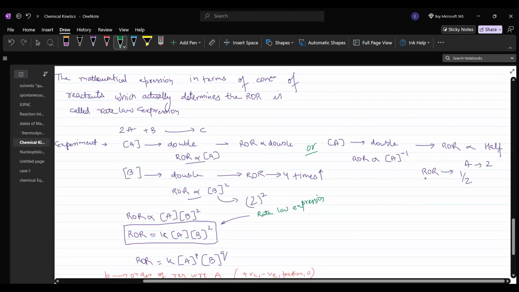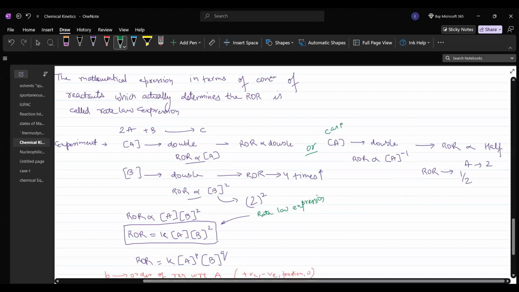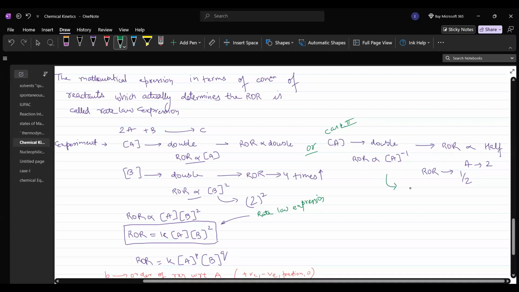See, I'm writing the rate of reaction for another case. This was case 2, in which we are doubling A, but we are getting the rate of reaction half. So what will be the final rate law expression?